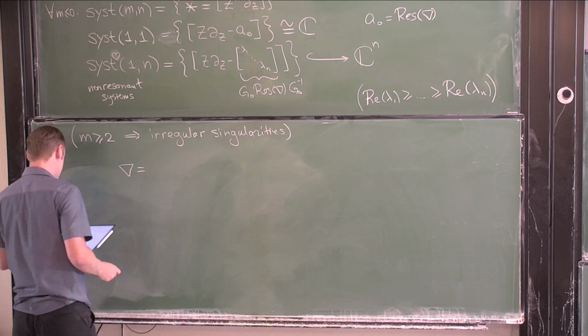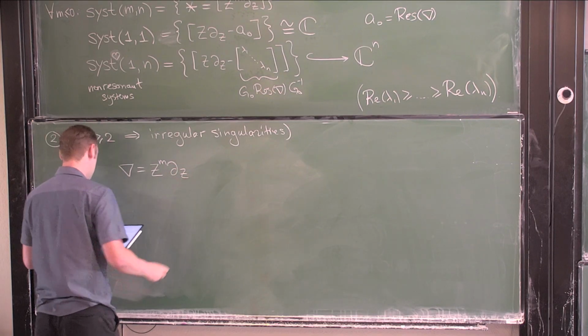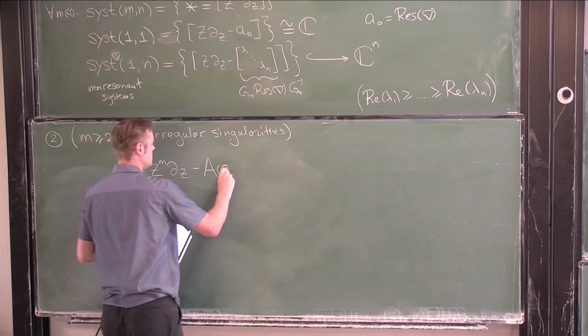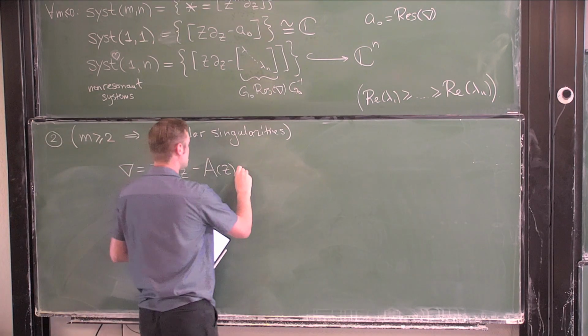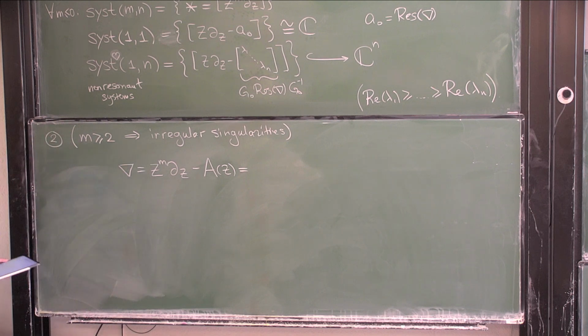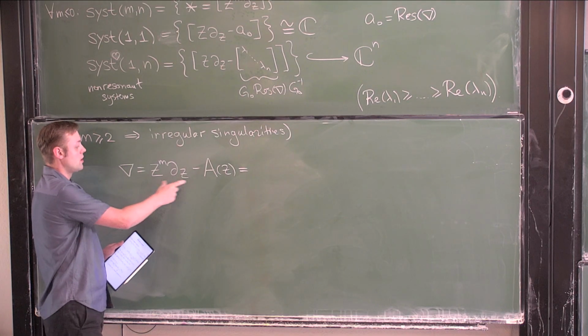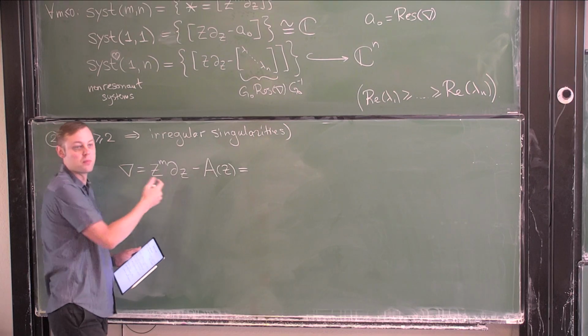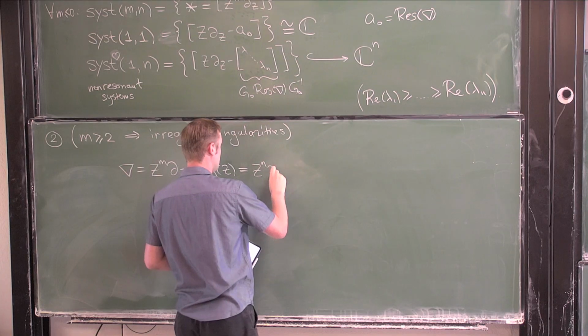So what this means is we have a system of this form, and just like in the case m equal to 1, it was convenient to separate the leading order part. Here it is convenient to separate all the orders of A up to m minus 1. So we'll write the system like this.